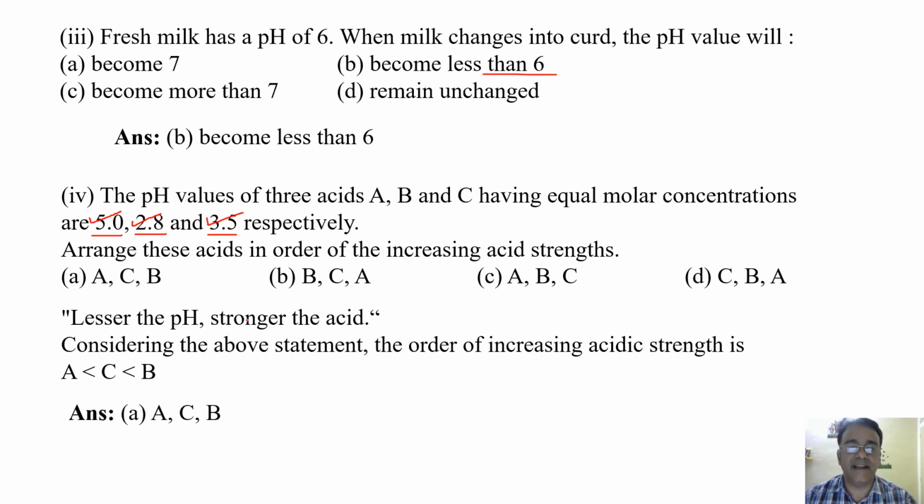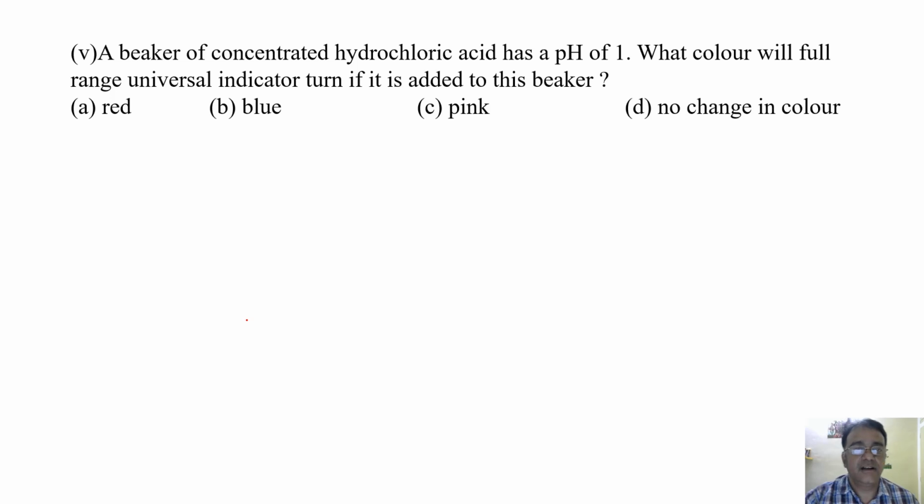Now we'll move towards the next question. A beaker of concentrated hydrochloric acid has a pH of 1. What color will full range universal indicator turn if it is added to this beaker?